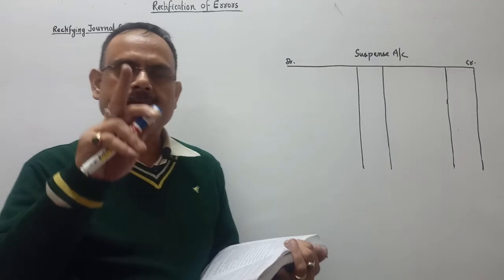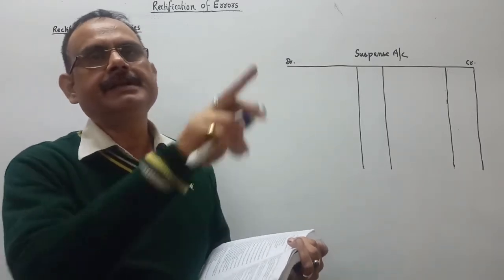It means the credit side of the trial balance is more than the debit side by rupees 175.